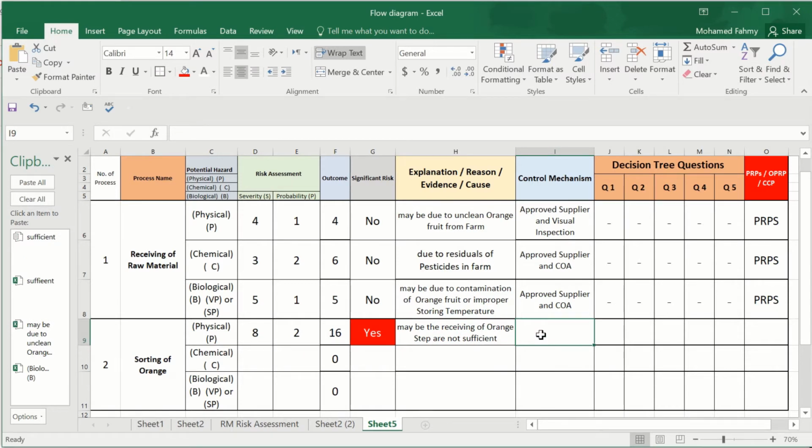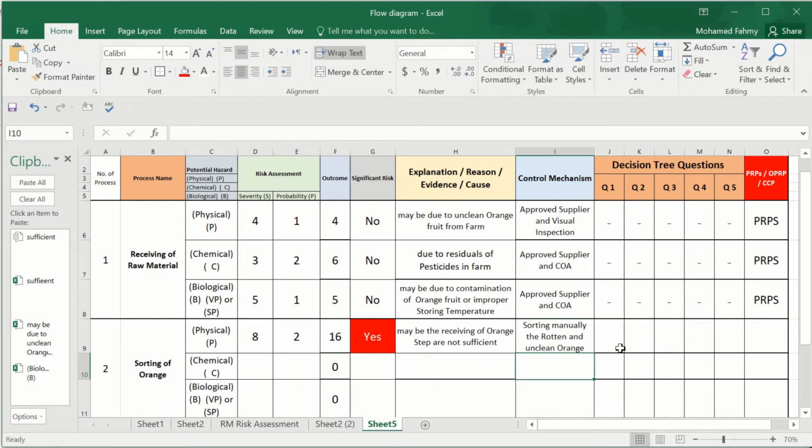So the control mechanism is sorting manually the rotten and unclean orange fruits. So now we'll go to the decision tree.